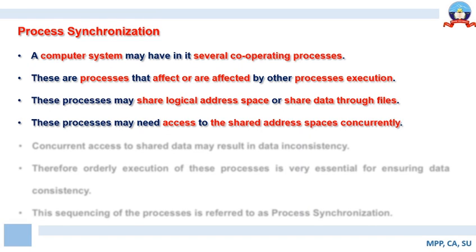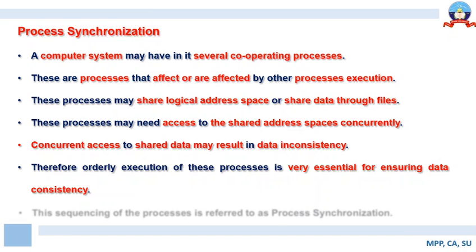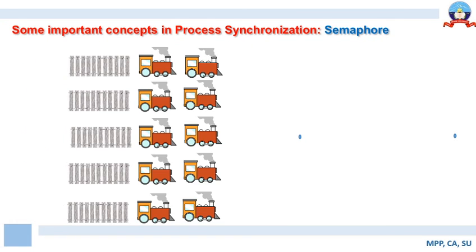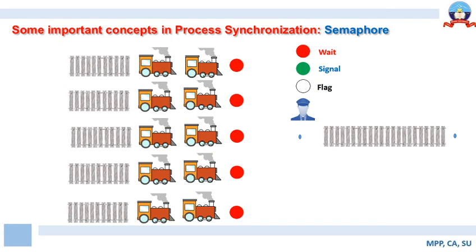What is the problem in concurrent execution, and what is process synchronization? Then we tried to understand process synchronization with the help of two examples, where we considered processes executing utilizing exclusive resources and processes executing utilizing shared resources.